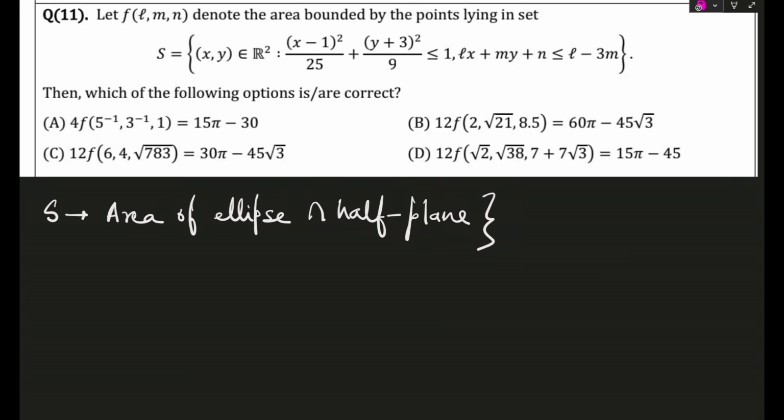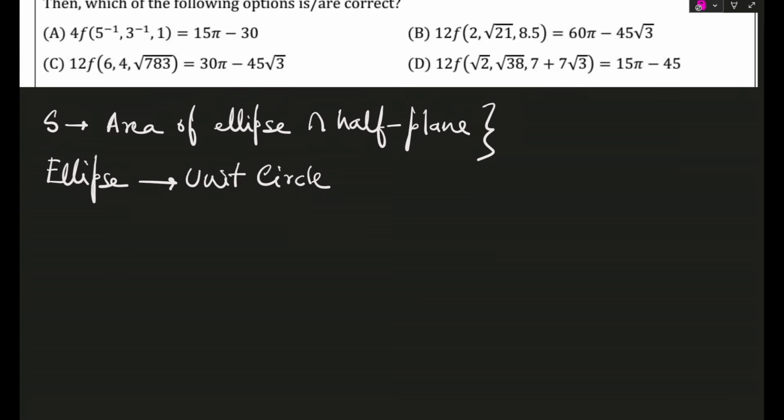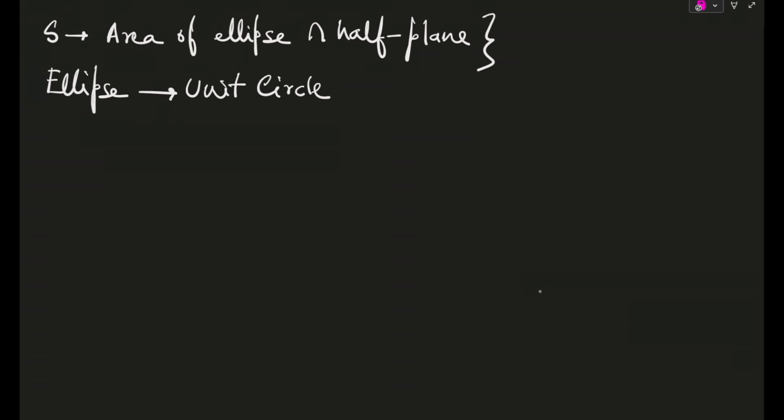So basically what we are going to do here is we will convert the ellipse into a unit circle. Now, how are we going to do this is the main question. If you guys are intelligent enough, maybe you must have figured out that we are going to use some substitution.